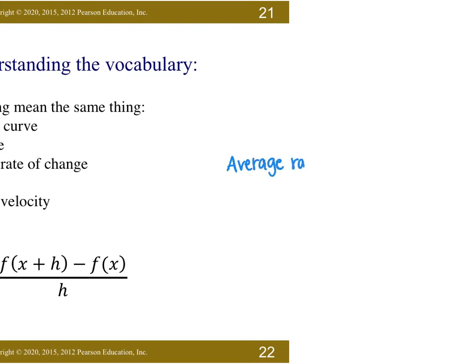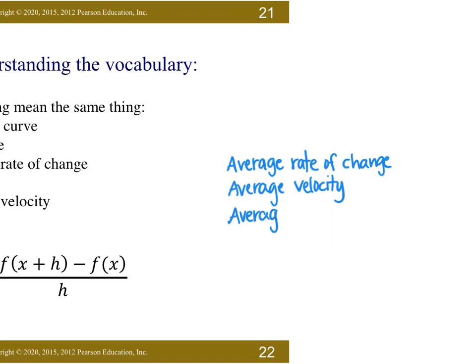average rate, average velocity, average slope. The word average would lead you to f of b minus f of a over b minus a without any of the limits or h's or anything like that.